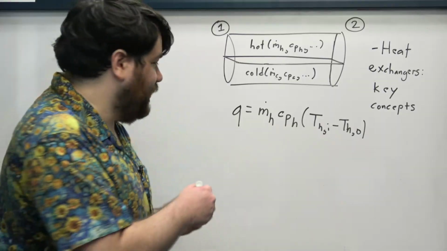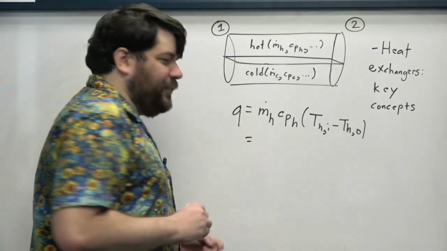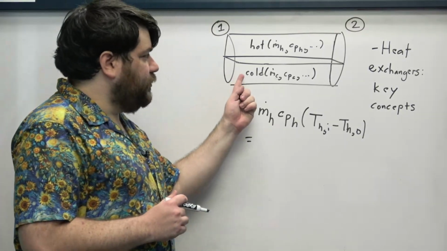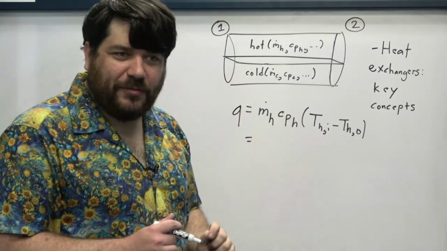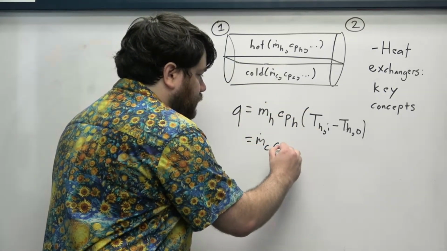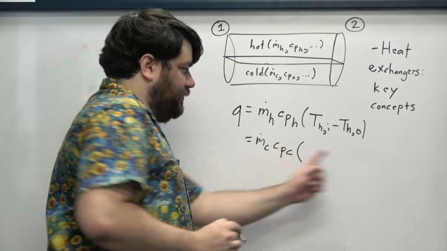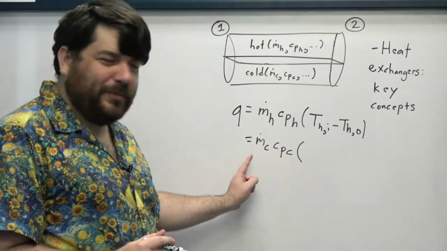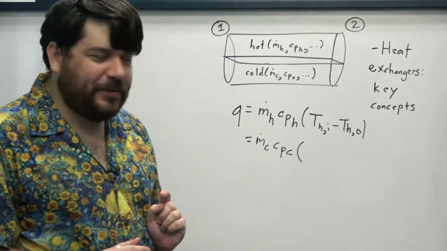We can do the exact same thing for the cold liquid. If we wanted to characterize what the heat going into the cold liquid was, then we could define the same kind of expression, but for the cold liquid, using the cold mass flow rate and the cold specific heat capacity.